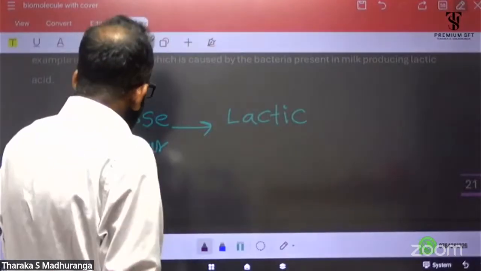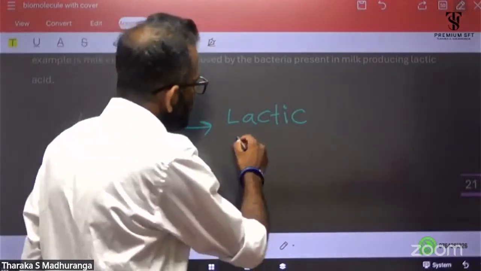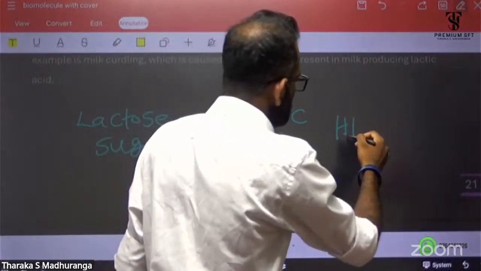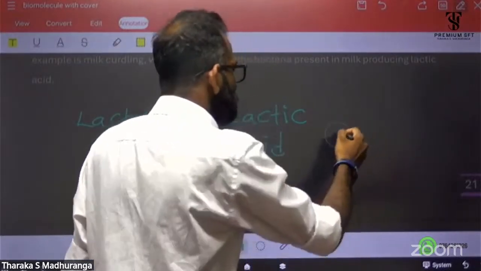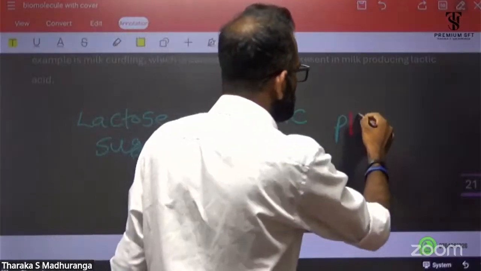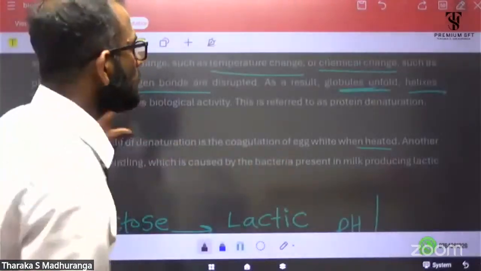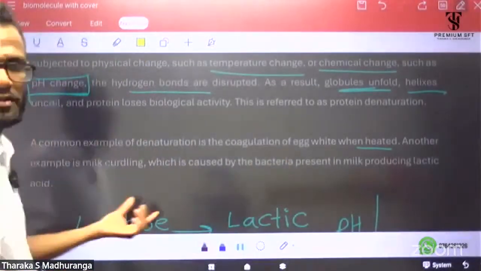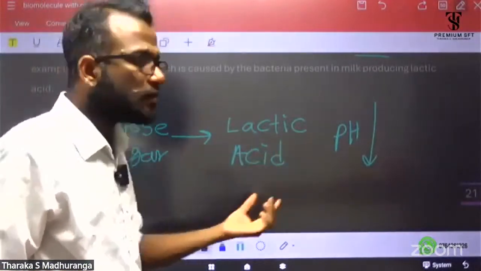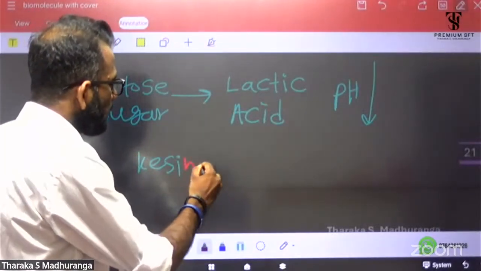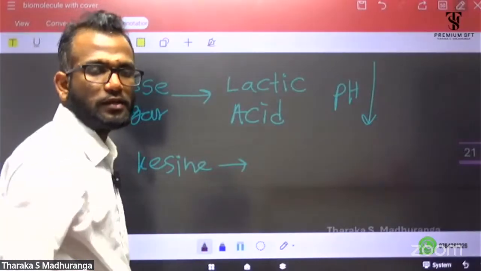Now lactose sugar converts into lactic acid, lactic acid being a type of acid. Then what happened? The pH value of milk gets lower. pH change is a reason for protein denaturation, right? Due to that, the casein protein denatures.